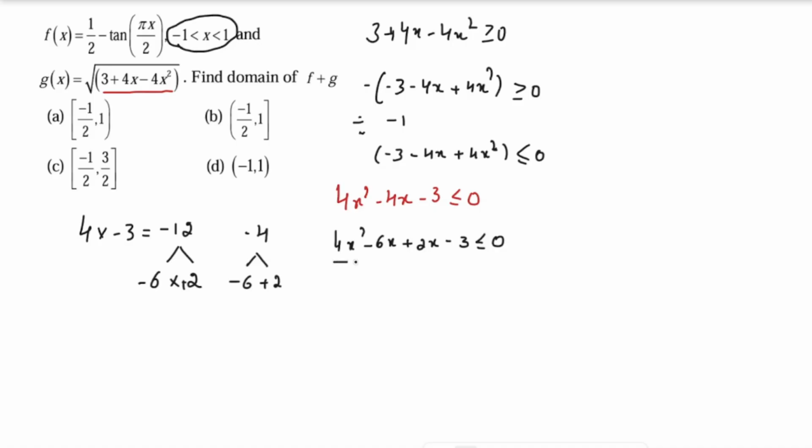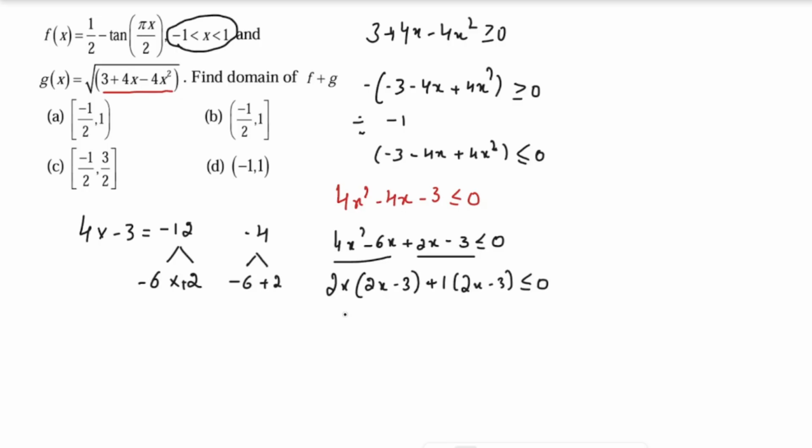Now in these first two terms, if you take 2x common, the left out element is 2x minus 3. And from the other two, we have one common. So we get 2x plus 1 times 2x minus 3 less than or equal to 0.